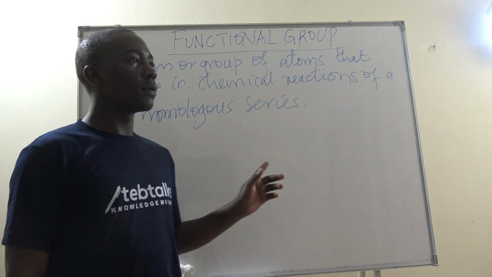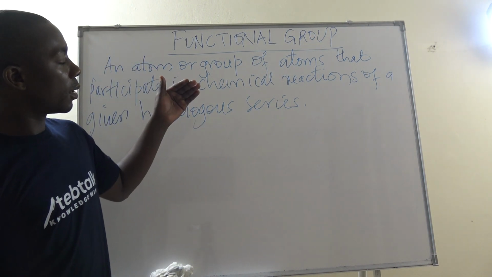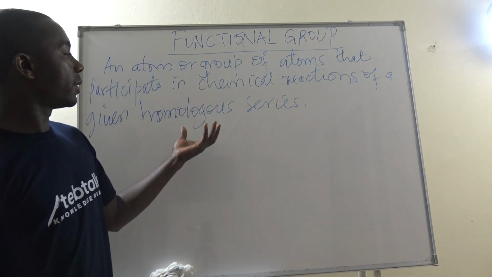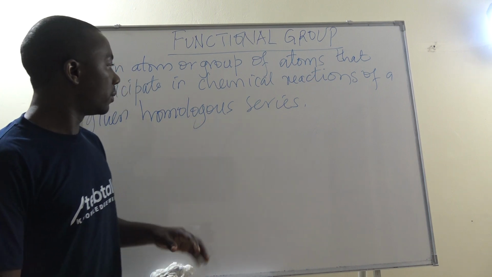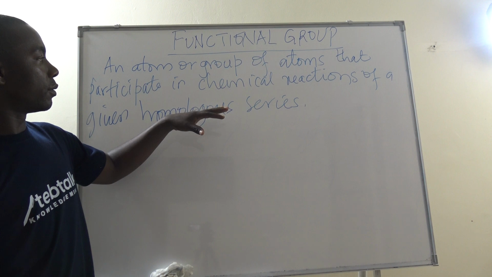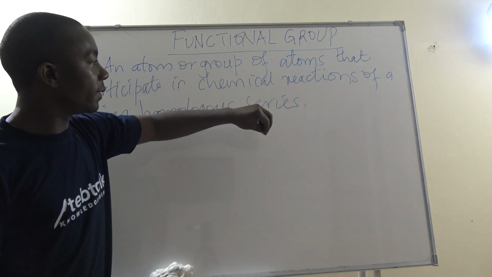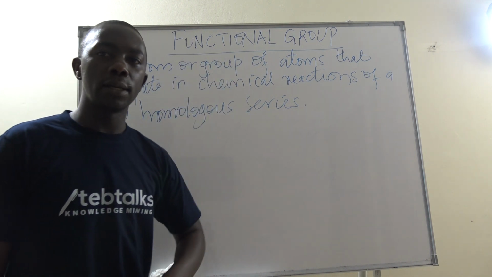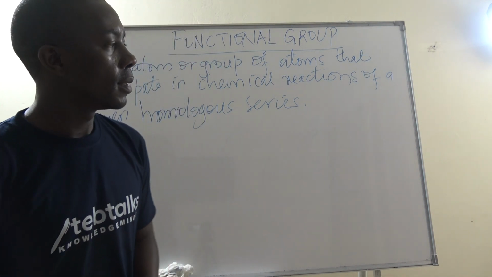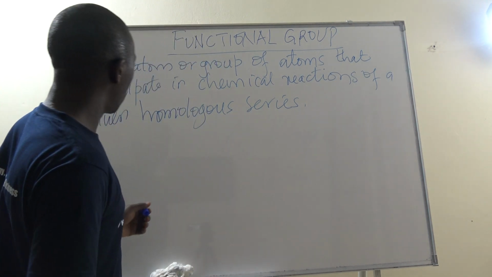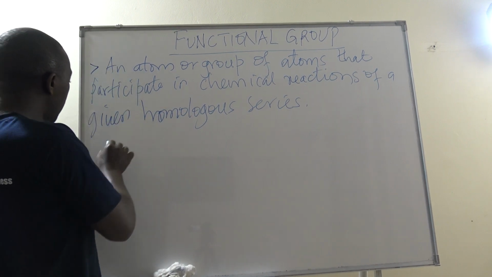there is always a functional group. Members in the same homologous series will have the same functional group. So that functional group is the reactive part of the organic compounds or the homologous series.